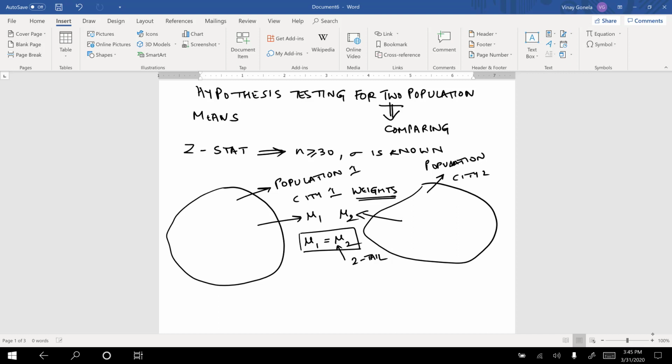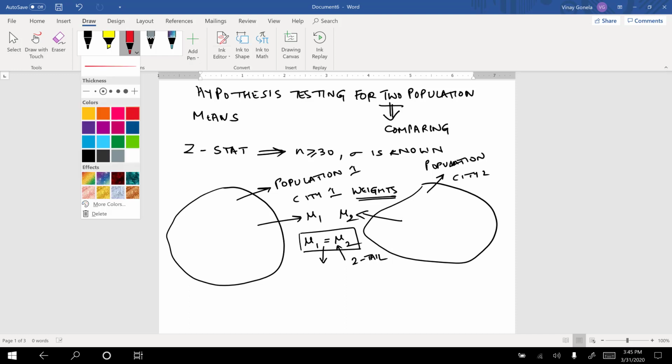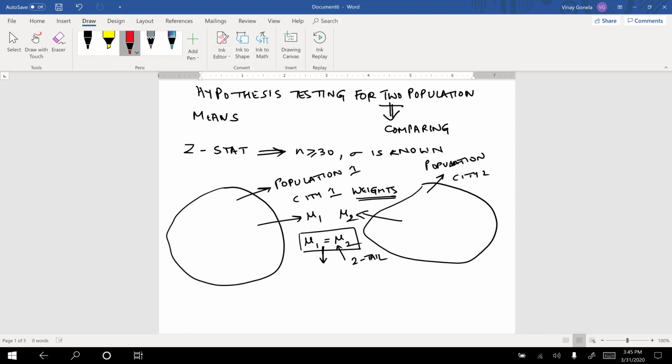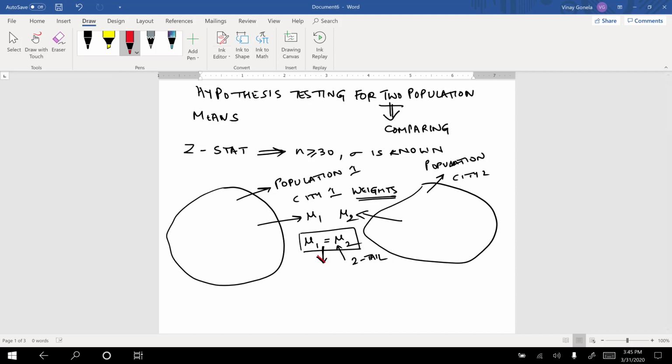So this expression can also be written as mu1 minus mu2 is equal to 0. Two same numbers, if you subtract them, will give you 0. So that is one instance that can happen.